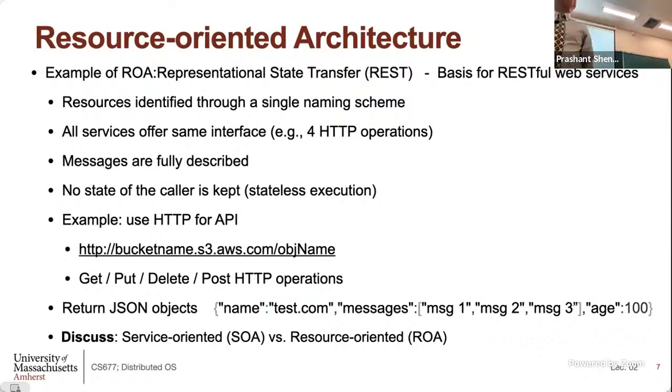Any information you need to pass from one component to another has to go as an HTTP request of some sort, and the responses have to come back as HTTP responses. So that's how we are going to design our web application. Furthermore, we are going to assume that the application is stateless, which we don't need to worry about. Yes, your question.